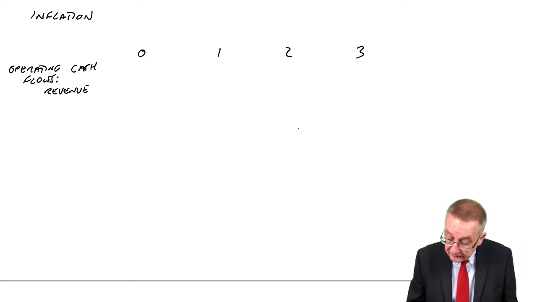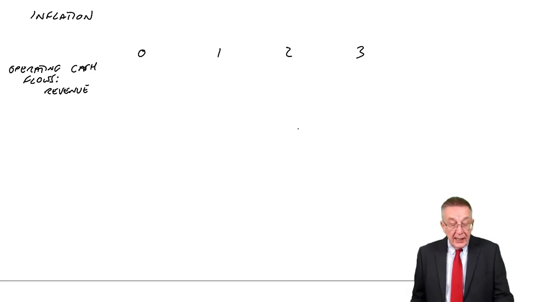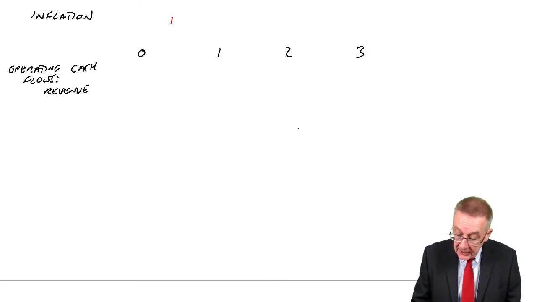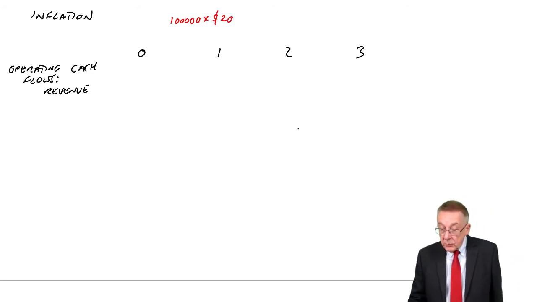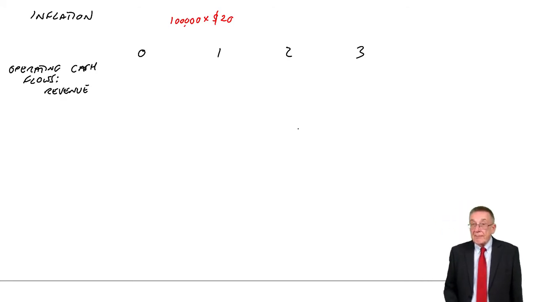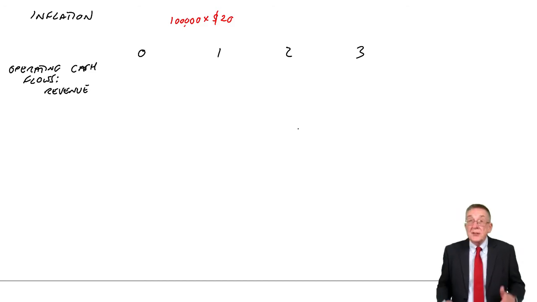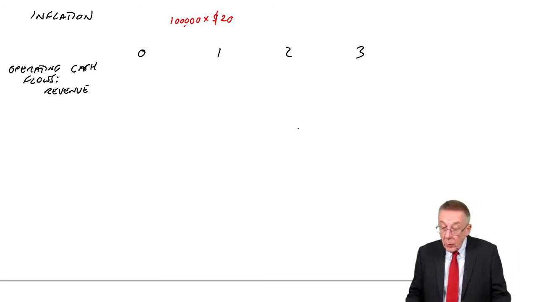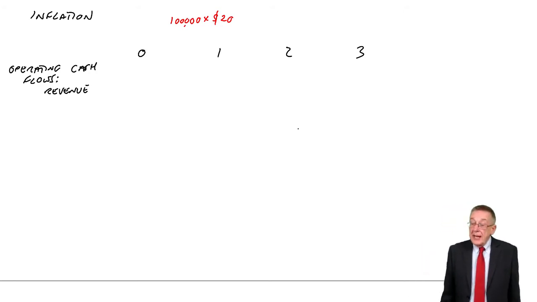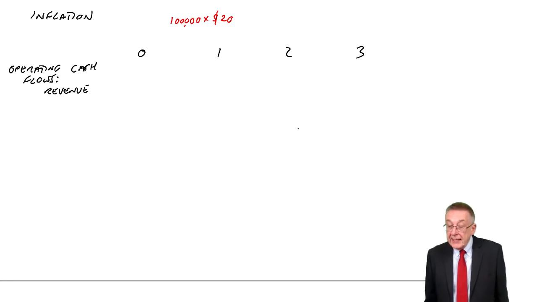So, no problem. In the first year, 100,000 units, $20 a unit is what? 2 million. And there's the cash we expect to receive. If we're selling them for $20, we're going to receive $2 million at the end of the first year at time 1.